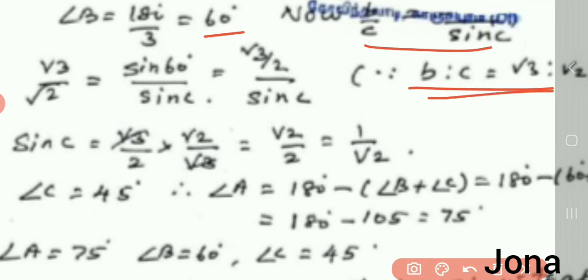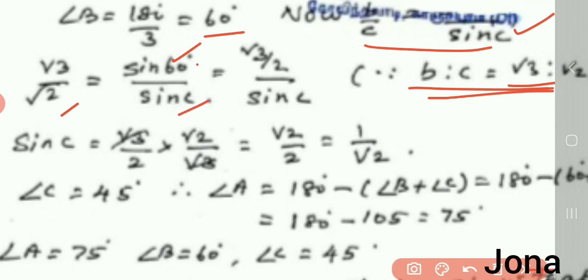So I substitute this in the formula: root 3 by root 2 equals sin B, which is sin 60 degrees, divided by sin C.